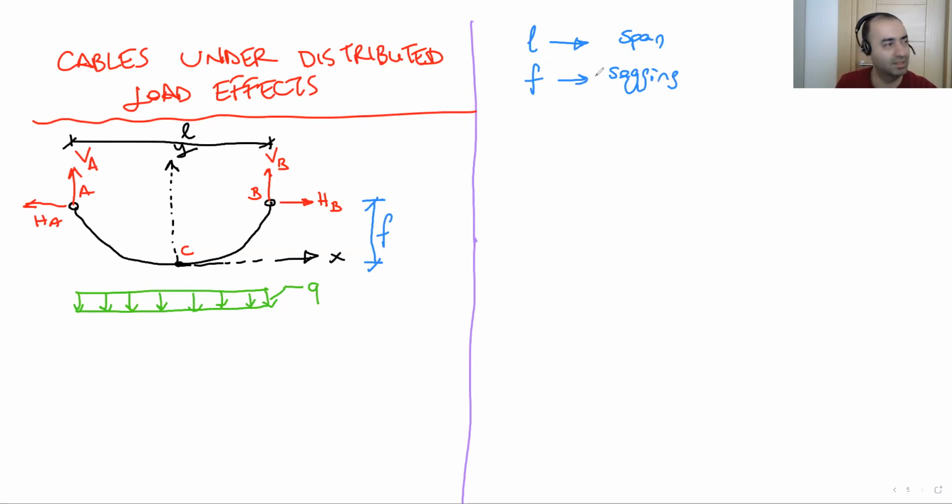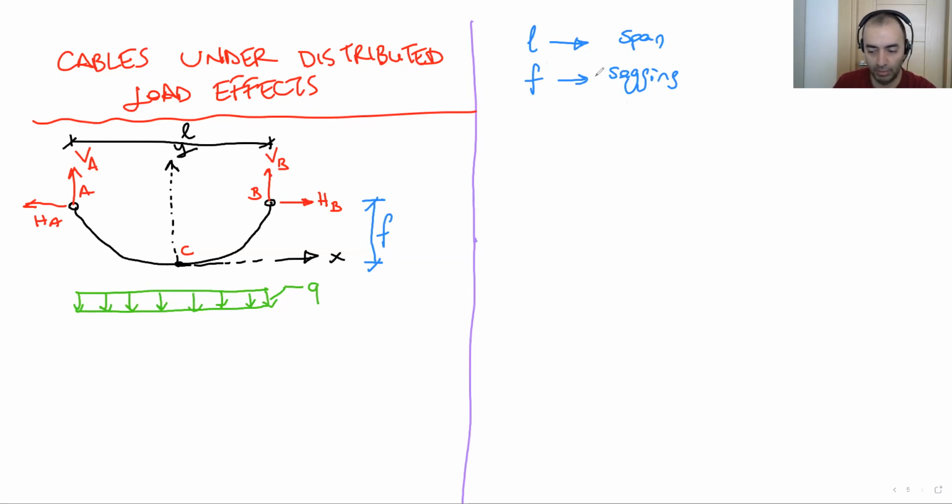Sagging means "sarkma miktarı" in Turkish. Okay, we have this system under uniform distributed load.